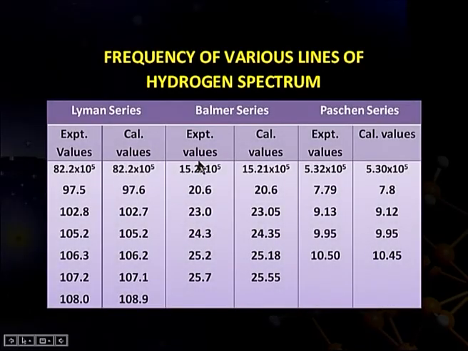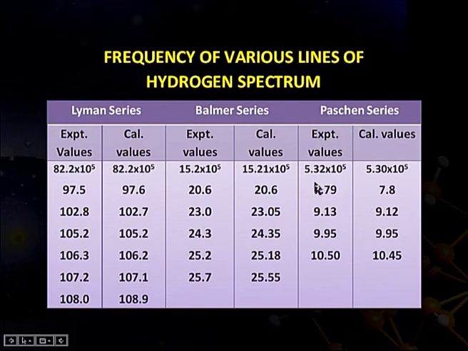The table shows the experimental and calculated values for the Lyman series, Balmer series and Paschen series. Experimental value for the Lyman series is 82.2 into 10 raised to the power 5 and the calculated value is 82.2 into 10 raised to the power 5, while the Balmer series has an experimental value of 15.2 into 10 raised to the power 5 and a calculated value of 15.21 into 10 raised to the power 5.